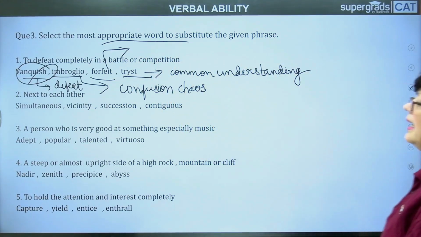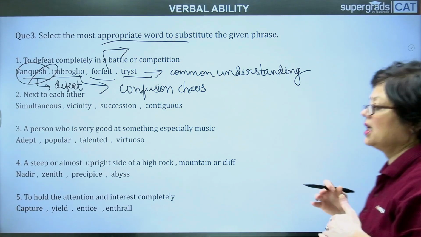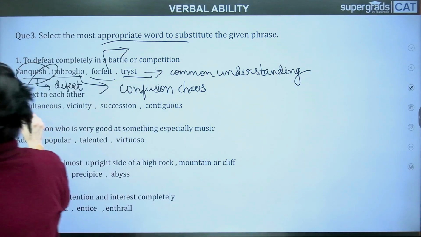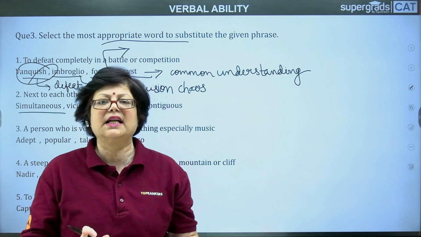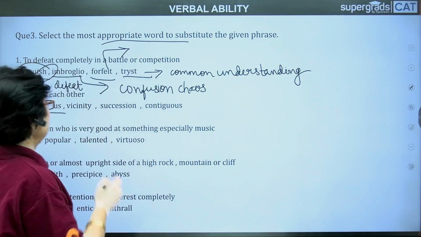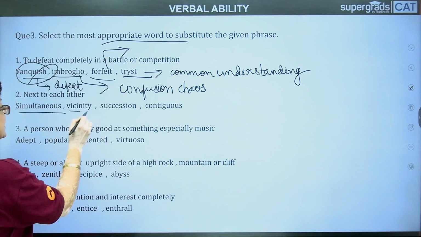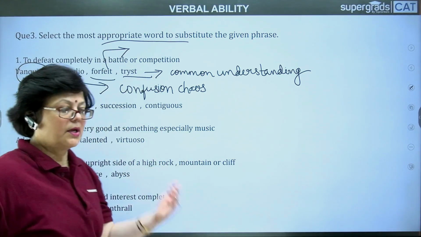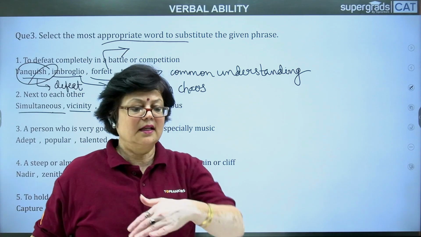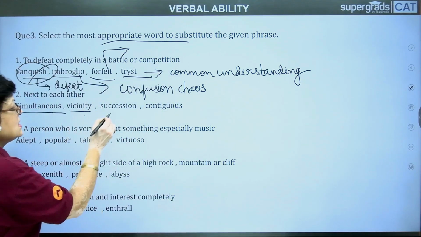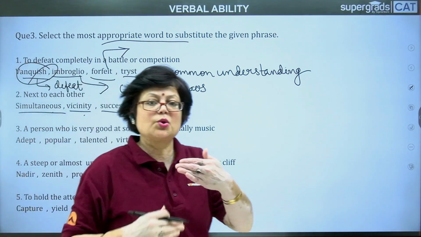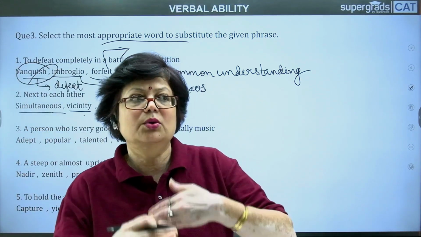Okay, next to each other. Look at the next phrase, next to each other. Simultaneous. Simultaneous means moving, working together, happening at the same time. Vicinity. Vicinity is neighborhood or the proximity. The proximity, the neighborhood, surrounded by something. Succession. Succession means to go one after the other, to go in a sequence.